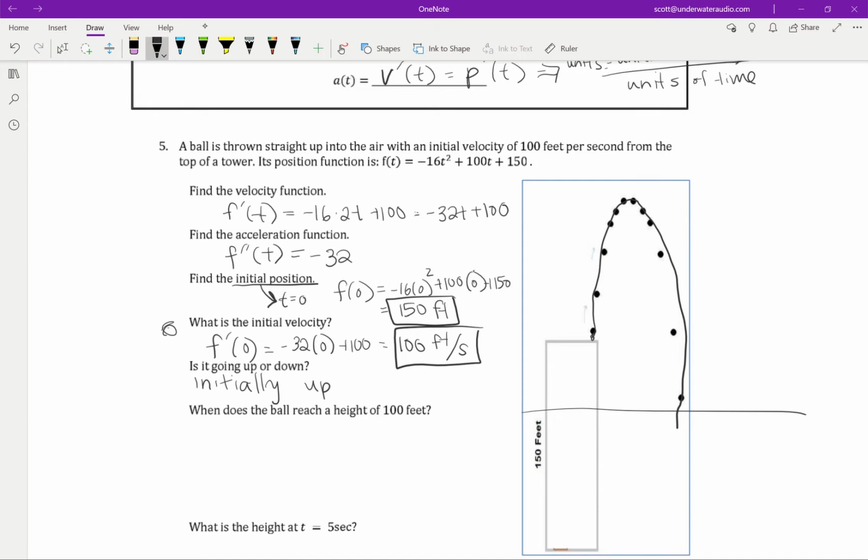So we need when, so position, so negative 16t squared plus 100t. Whoa, my handwriting became horrible. Okay, let's try that again. Negative 16t squared plus 100t plus 150.